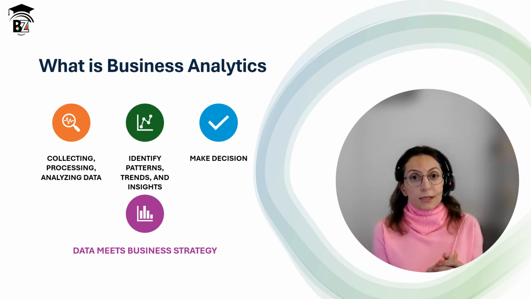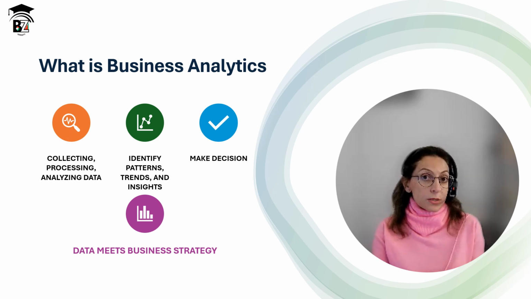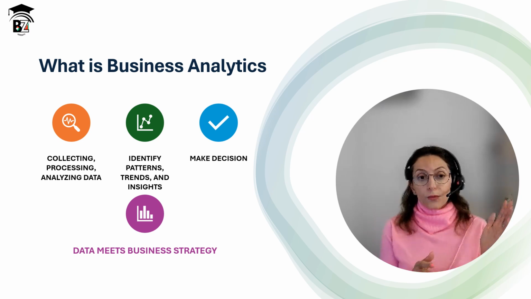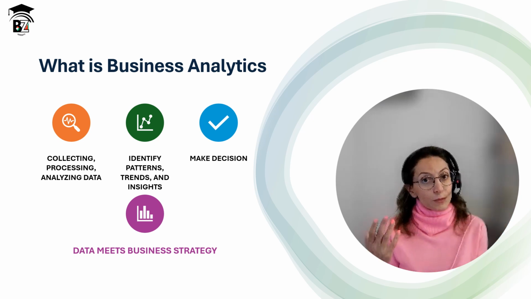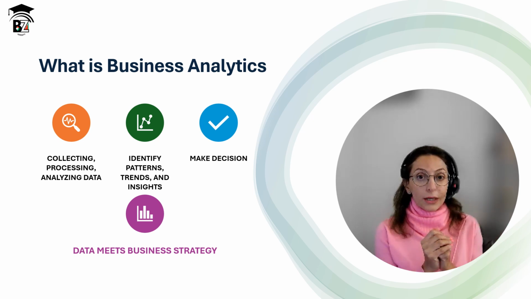It could be related to your marketing. It could be related to your sales. It could be whether you make a decision to open up a store somewhere else or not. Those are all the decisions that you will make when it comes to your business strategy. So when data meets business strategy, that's where business analytics comes into play.